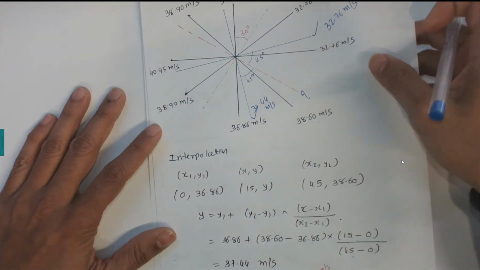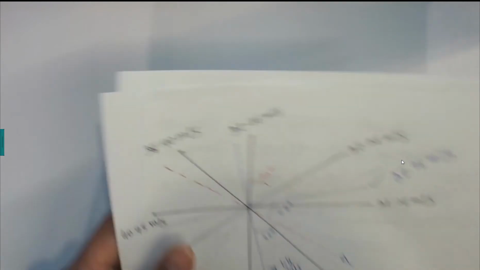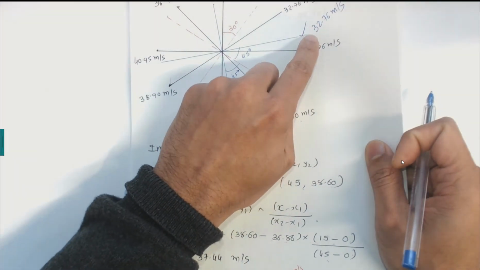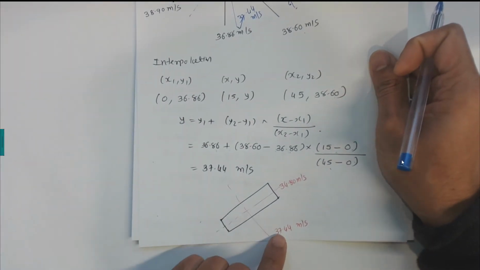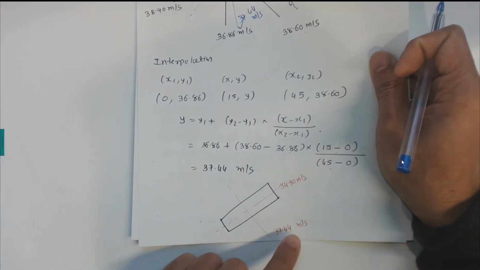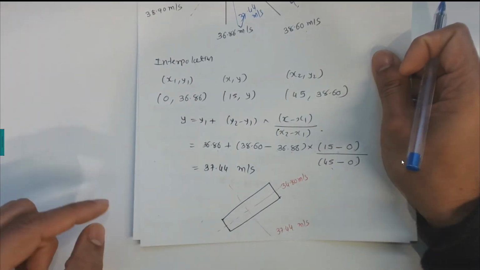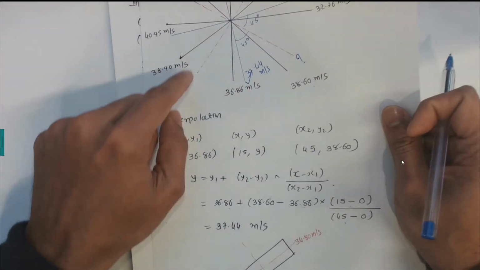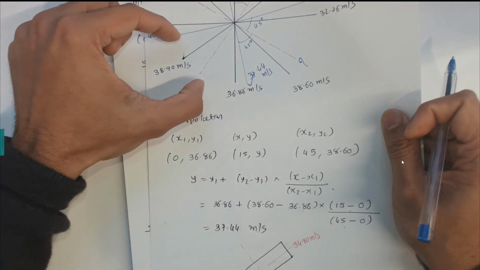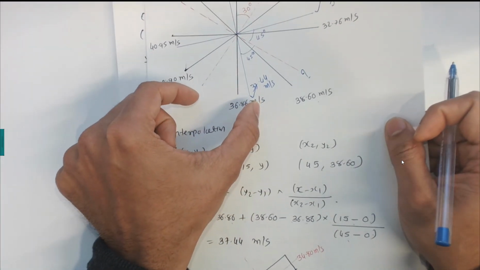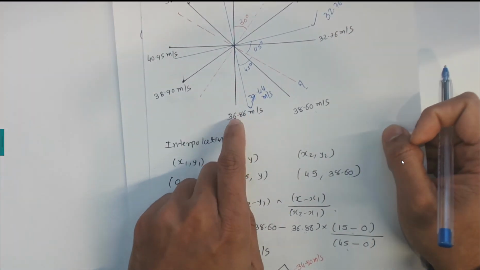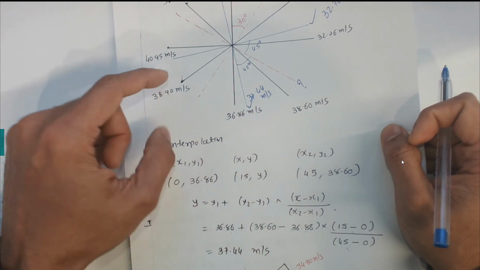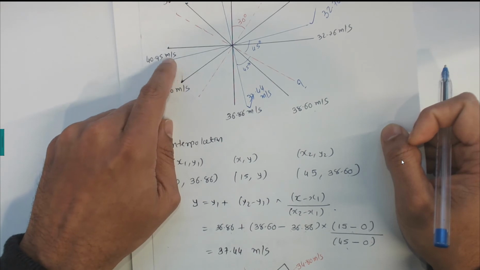Now we need to take the maximum between 37.2 and 32.76. So that is 37.44. We found it here, and now we need to find between this and this in the third case. Here we can simply use the same diagram. Here we have 45 degrees here, 45 degrees here, but we can check logically 36 and 36 and 38.39 and 40, so the maximum value will fall here.